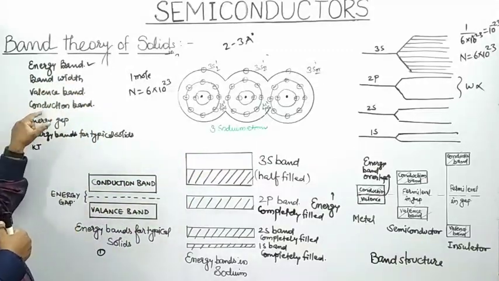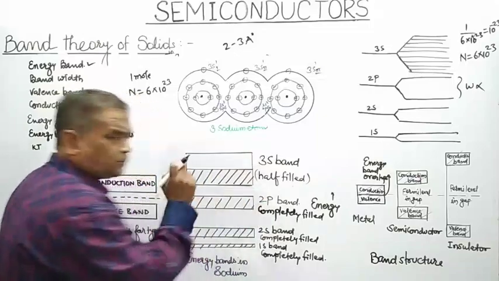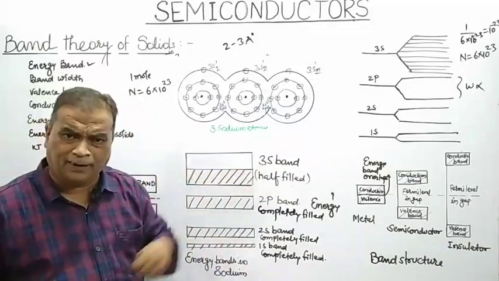Now we have to define what a conduction band is. See here, this valence band of sodium, the 3s band, is half filled.